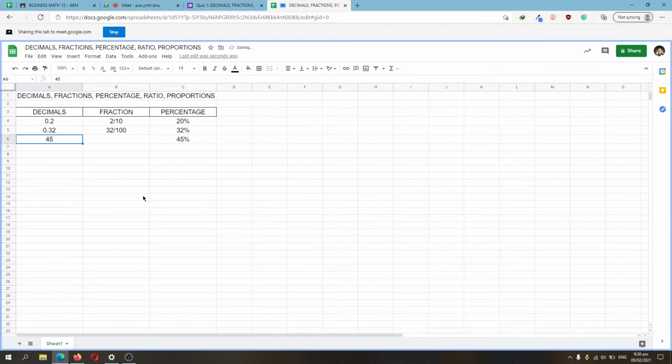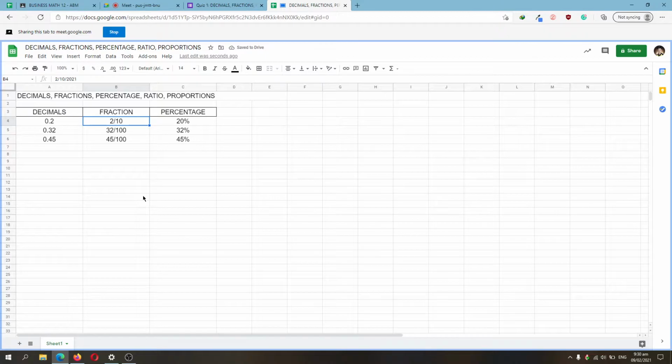So, that is 1, 2. Bigyan mo ng 0. That is 0.45. So, paano natin i-express as fraction? 45, since dalawang number yan, so, tenths, hundreds. Okay. So, madalas nagkakamali yung fraction.